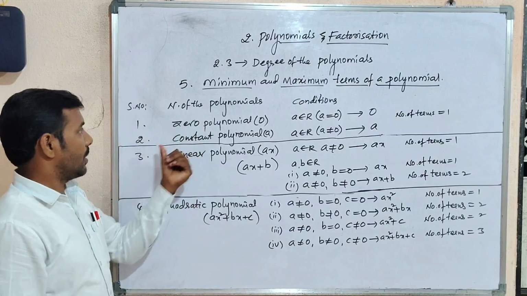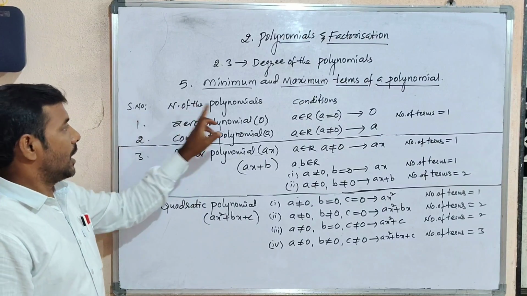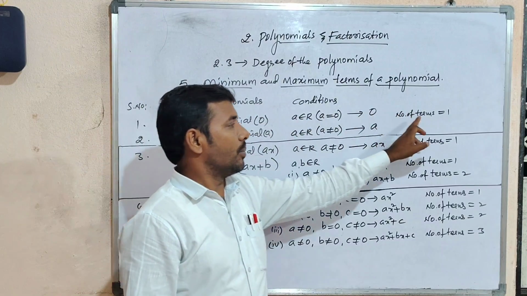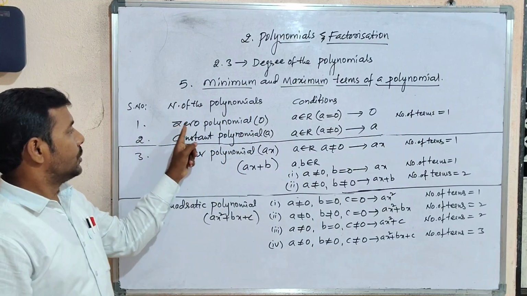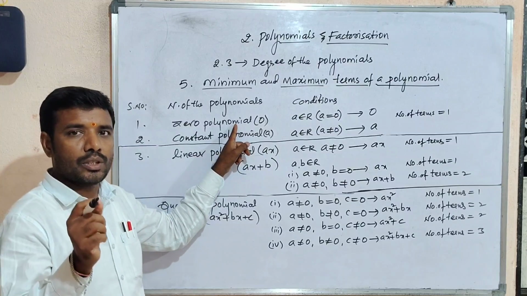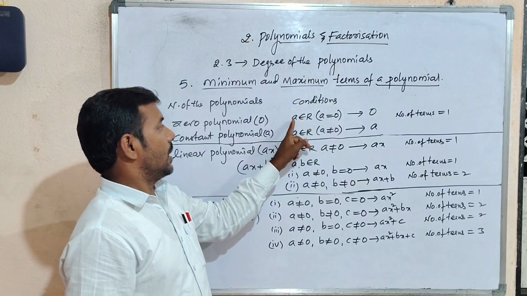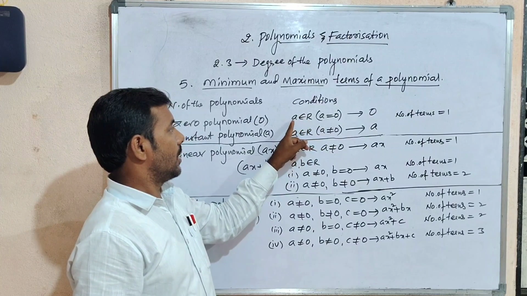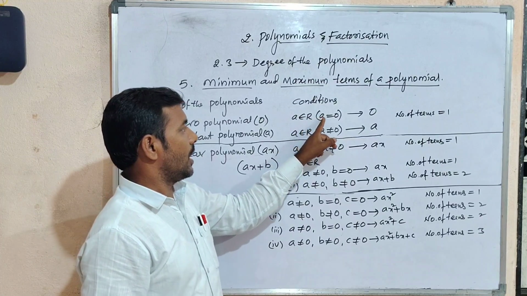Okay, let us see one by one. Observe carefully: serial number, name of the polynomial, particular conditions, and the number of terms. Let us go with the first one. Zero polynomial, the best example is zero only. R indicates real numbers. A belongs to R, where A is considered zero.